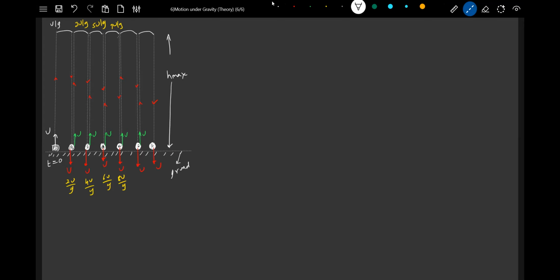I'll go for a smaller one because I have to indicate all the parameters here. If I mark properly, I'll get an exact shape.